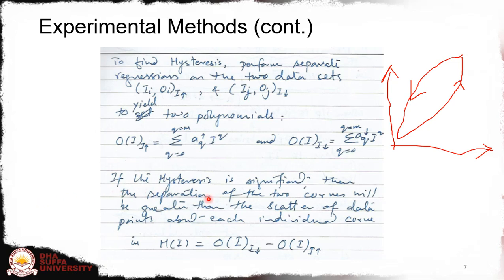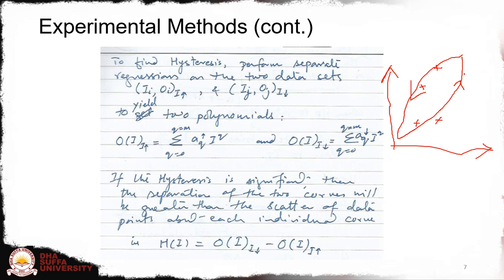If the hysteresis is significant, then the separation of these two curves will be greater than the scatter of the data points. So you can see, if we assume that we have some data points here, some data points here, some data points here.